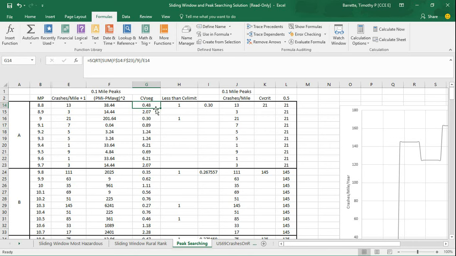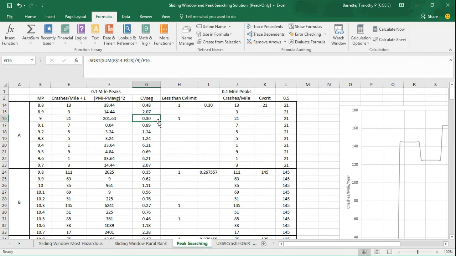So here we see that this subsection for milepoint 8.8 has a coefficient of variation that's less than the limit value for the coefficient of variation. So we can possibly consider this.